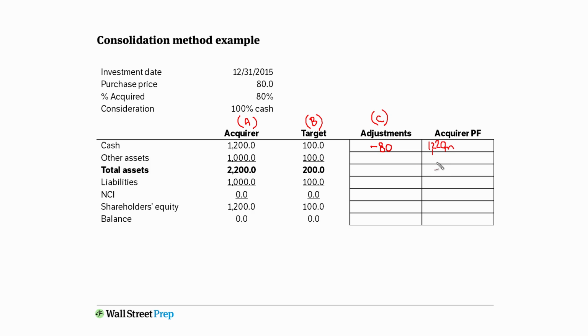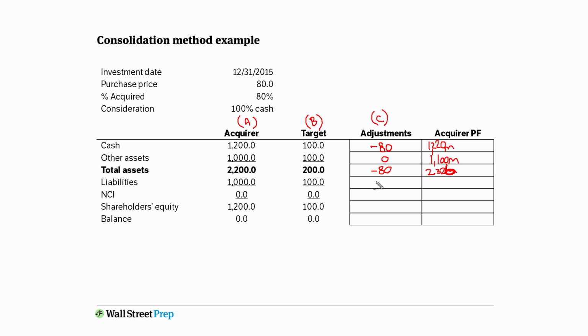We simply lump the acquirer and target assets, and we have 1.1 billion in assets. So no adjustment there. So total assets are now simply the 2.2 billion plus 200, so 2.4 minus the 80, or 2.32 billion. I know I'm switching denominations here, but it'll make things a little easier.